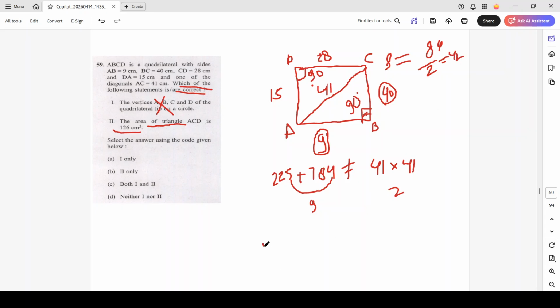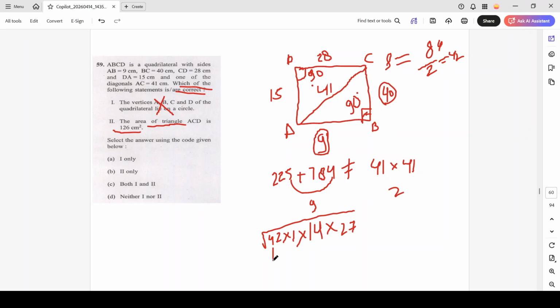So putting into Heron's formula, first of all S, 42, second S minus a, S minus a, 42 minus 28 is 14, and 42 minus 15 is 27, and 42 minus 14 is 28.